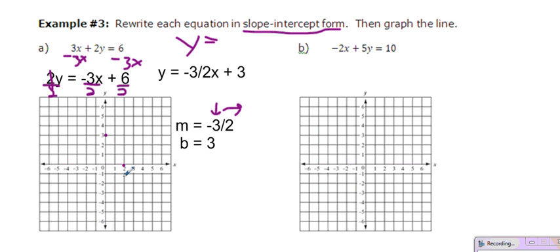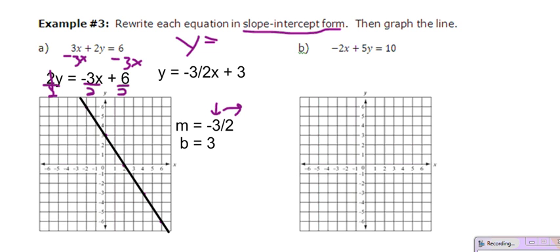Count down 1, 2, 3. Go to the right 2. I could also go up 1, 2, 3 and to the left 2. So once I have enough points to make sure I did my line correctly, I go ahead and connect them to form my line.